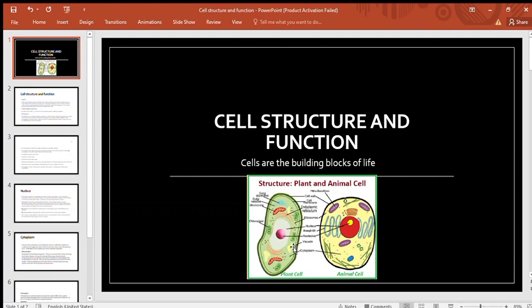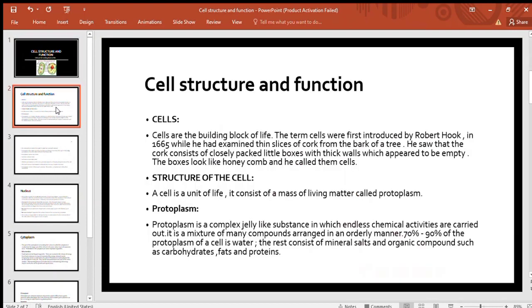This is the protoplasm. Protoplasm is a complex jelly-like substance in which endless chemical activities are carried out. It is a mixture of many compounds arranged in an orderly manner.